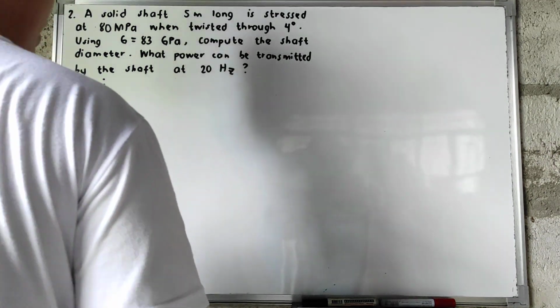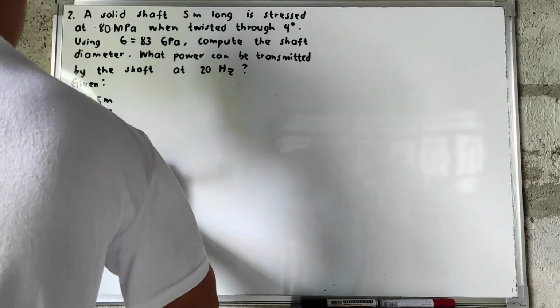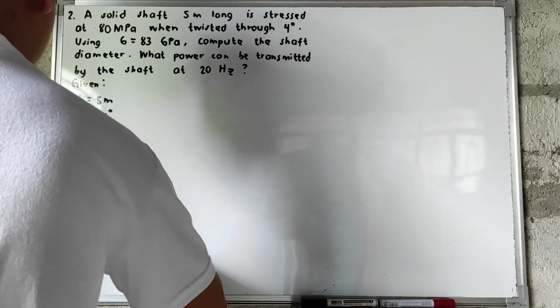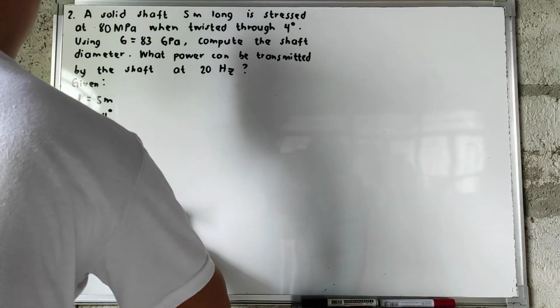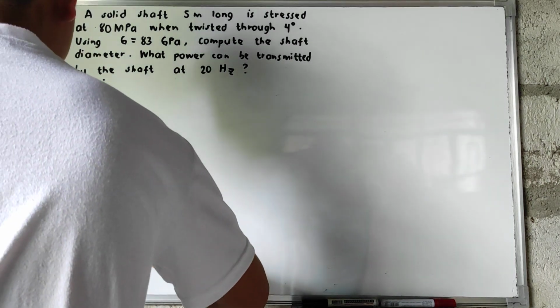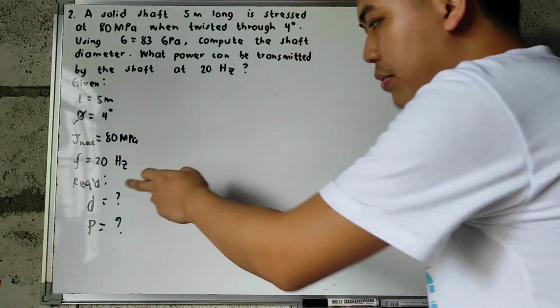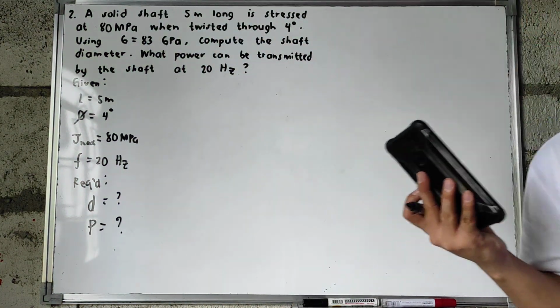So what we are computing, what is required in our problem, is the value of your diameter and the value of your power. For this one, we first solve for the value of your diameter.